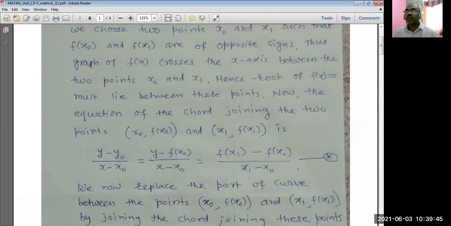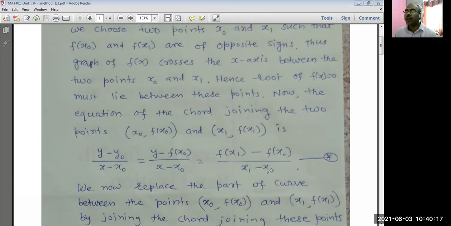If we know one point, we can write (y - y0) divided by (x - x0). But what is y0? y0 is nothing but f(x0), that I have written here, and this x0. So (y - y0)/(x - x0) is equal to (y1 - y0)/(x1 - x0).